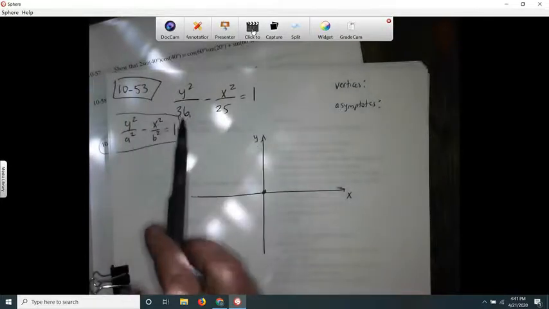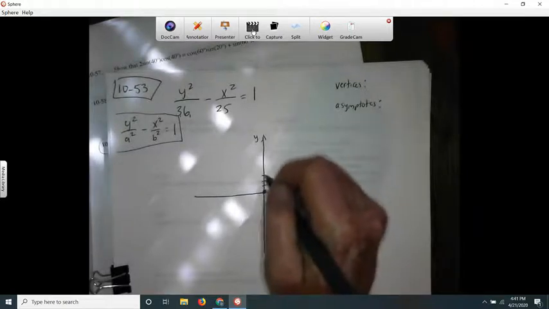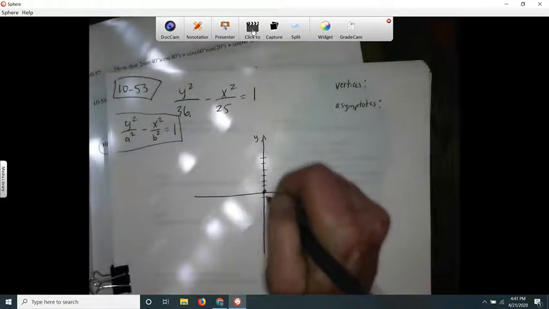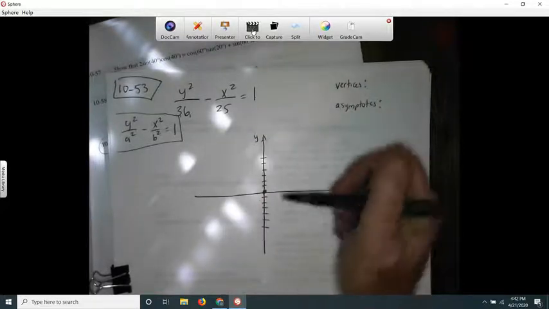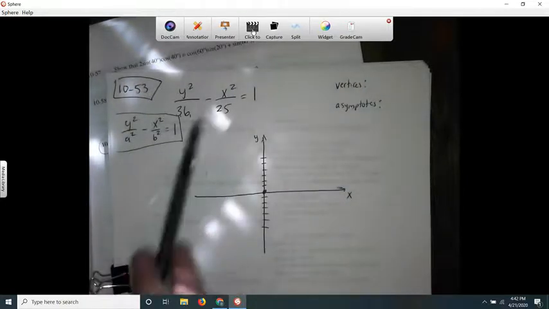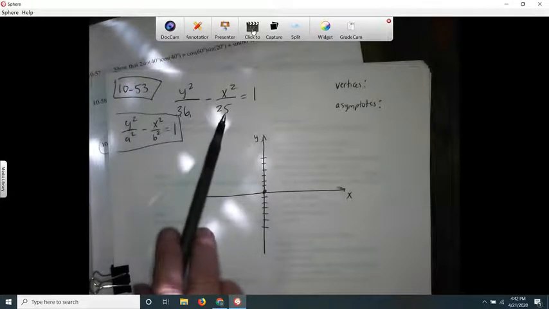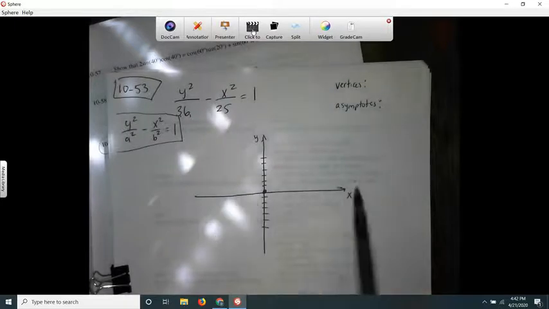This is a squared, so a must be 6. So I have to go up and down 6. I'm going to sketch a box, and then I'm going to draw asymptotes through the corners of the box. So b squared must be 25, so b must be 5, and since it's under the x, I'm going to go in the x direction.